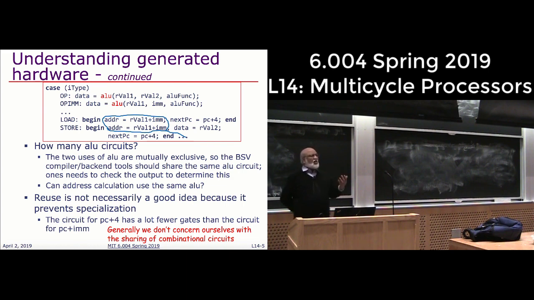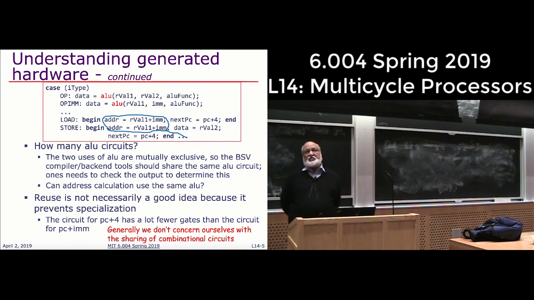So if we really want, we could have set it up so that even this will use ALU, instead of writing val1 plus immediate. I could have written ALU and given these as parameters to it. The opcode would have been plus in that case, and see what the system does with that. All right, so this is something to think about.